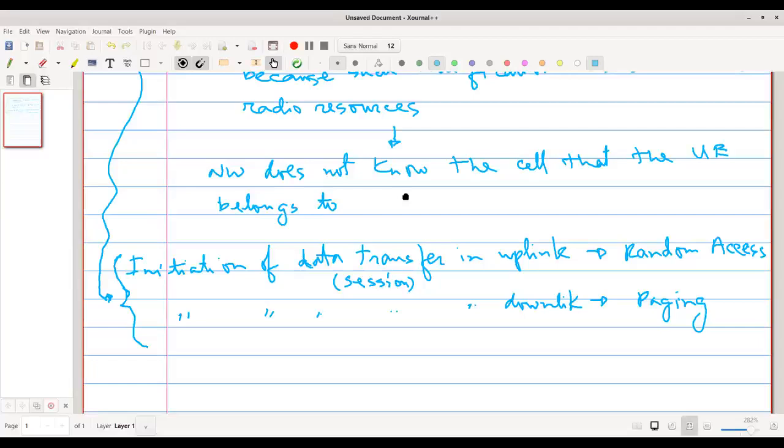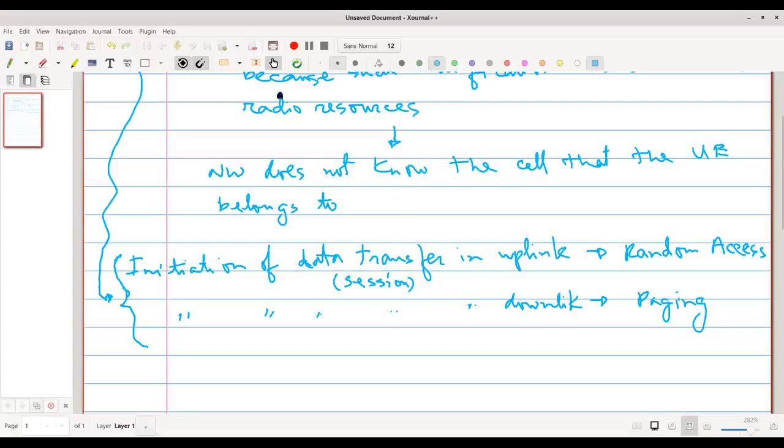Because the cell-wise location is not known. So all the cells have to send a message that the network is looking for this particular person, and that will again be a consumption of a great amount of resources.